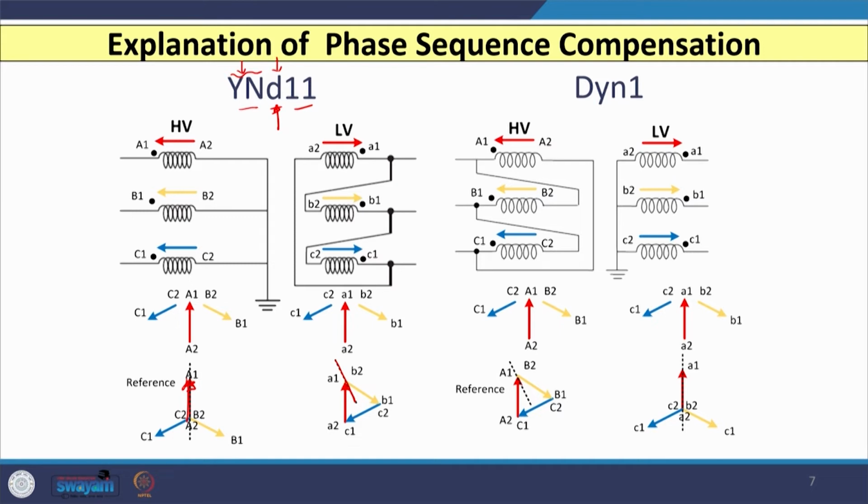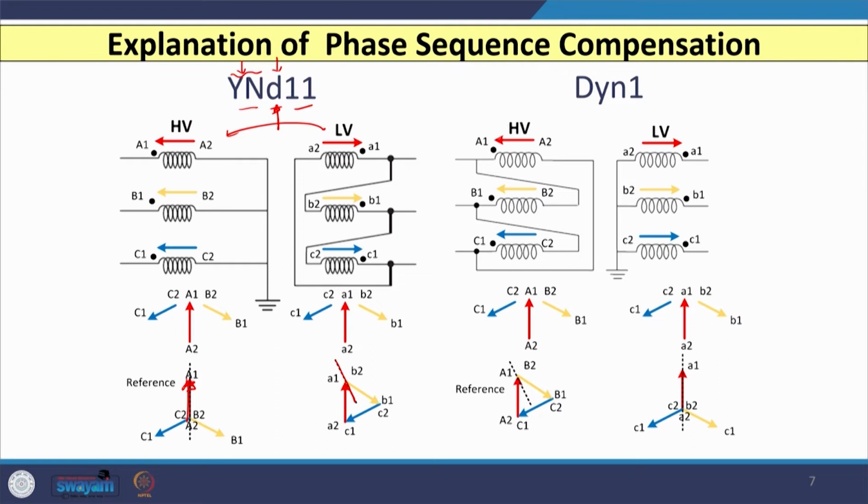However, if I swap the delta winding, that means I take this LV winding on the other side, and assume that the HV winding which we take as a reference is now my delta winding. So, my LV is becoming the HV winding and my HV winding is becoming the LV winding.